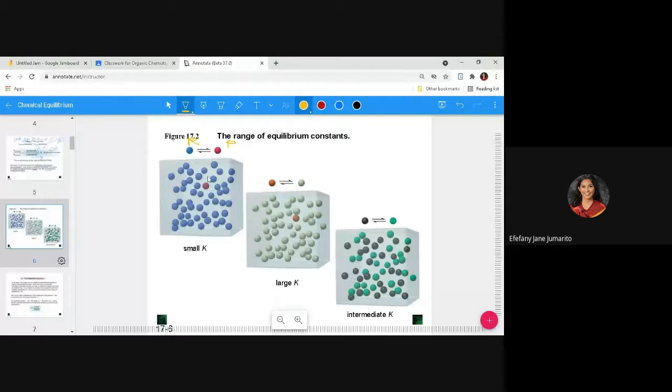So if we only have one product, what will be our equilibrium constant on that? That is equal to, di ba, product over reactant, class. Reactant over product?